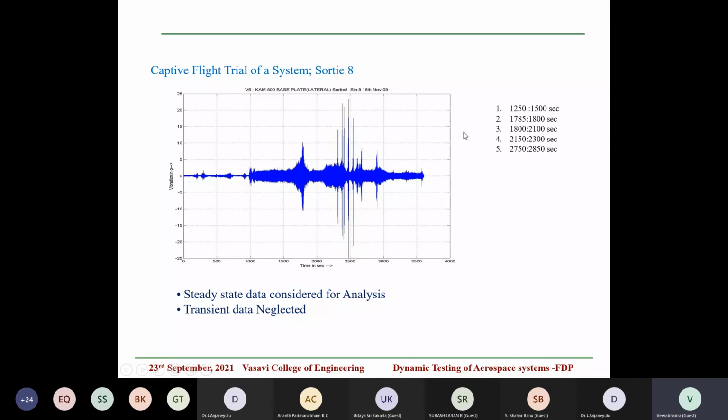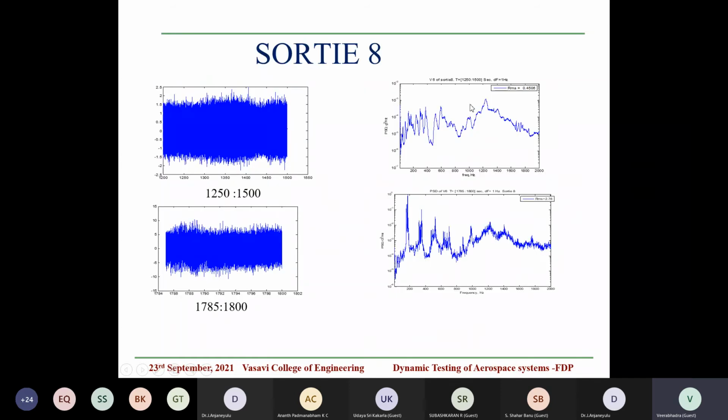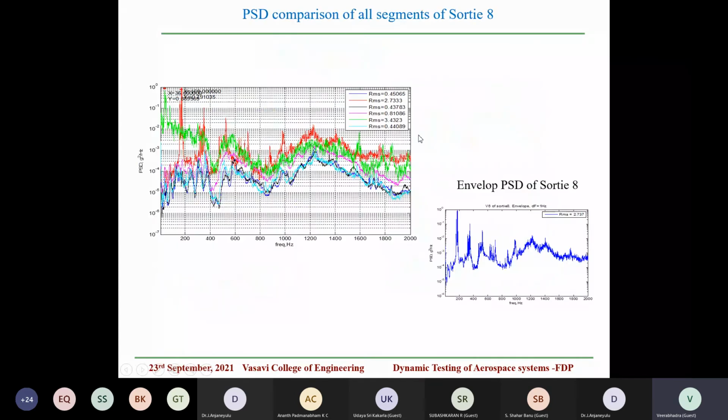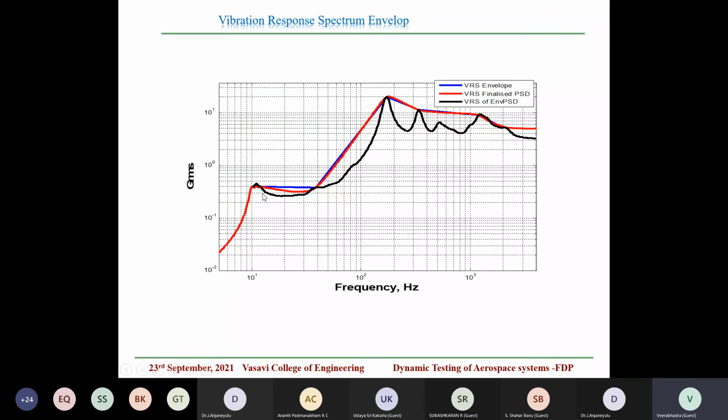In each time event, I get steady state data, analyze them and come to some PSD data, and take an envelope of all steady state data and get one other envelope actually. Now this envelope will be converted into VRS form, and that will be given into multi-degree of freedom systems the way I have told, like the VRS system.